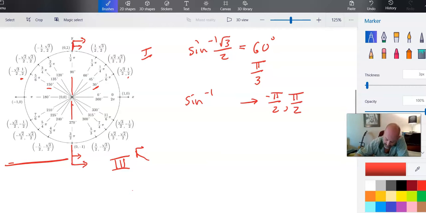That's this part of the circle right here. -pi/2 is at the bottom, pi/2 is at the top. So in terms of angles, that's the right-hand side of the unit circle. So this is going from sides to angles.